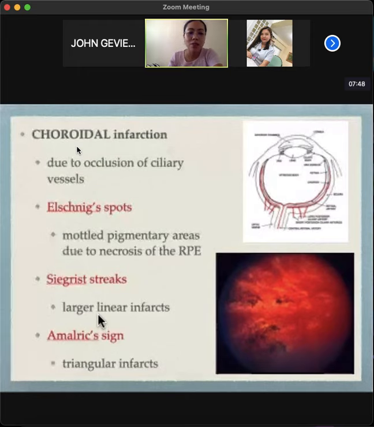You have Siegrist streaks, the linear whitish infarcts. And the Amalric sign is the triangularly shaped infarct. Choroidal infarction is usually seen in patients with antiphospholipid syndrome, so you usually see these signs.